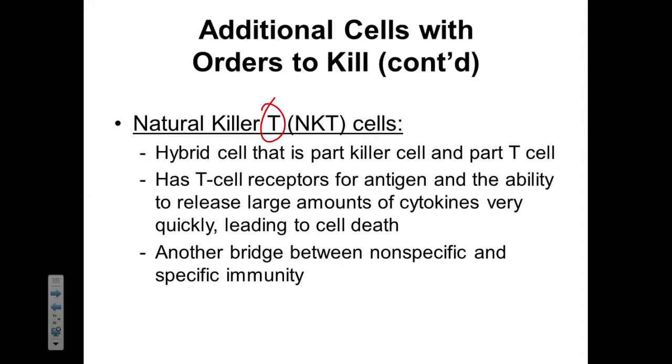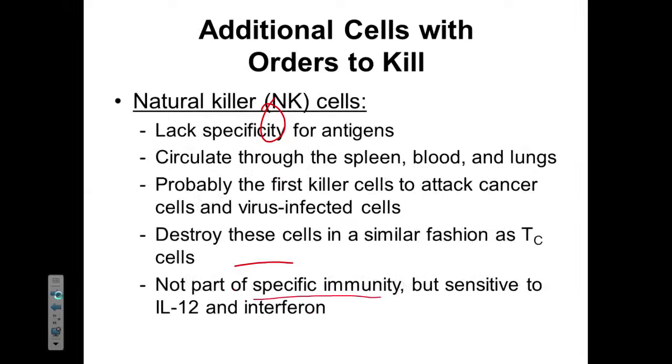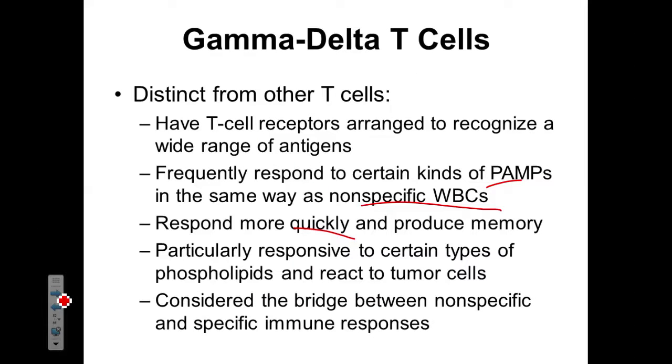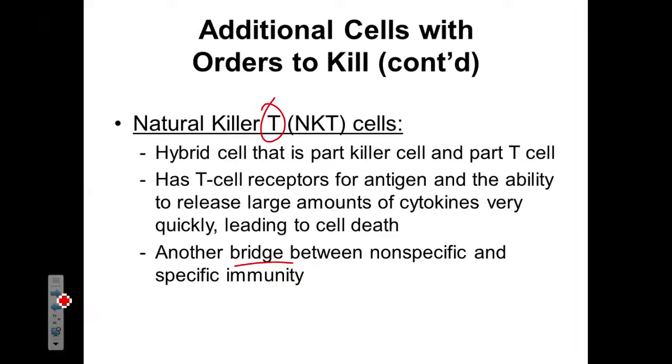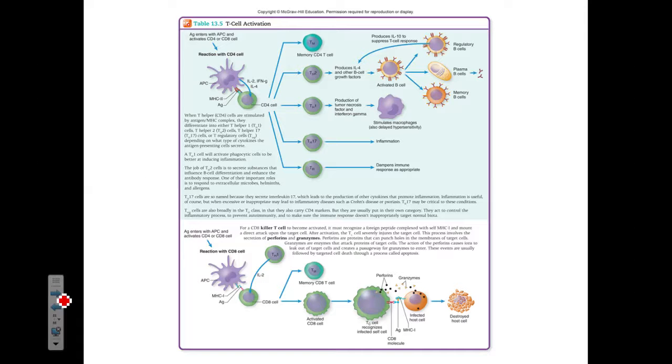Because they have the ability to respond to specific antigens and also to generic antigens, these are going to be considered another bridge cell type between nonspecific and specific immunity. The other bridge cell type that we talked about was the gamma delta T cell. So our two bridge cell types are gamma delta T cells and natural killer T cells.